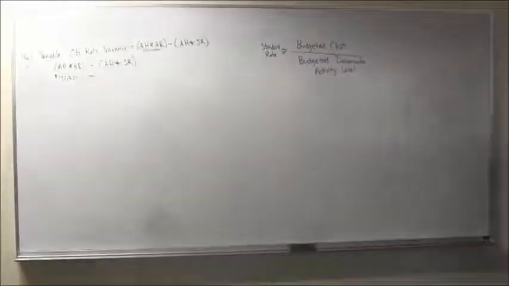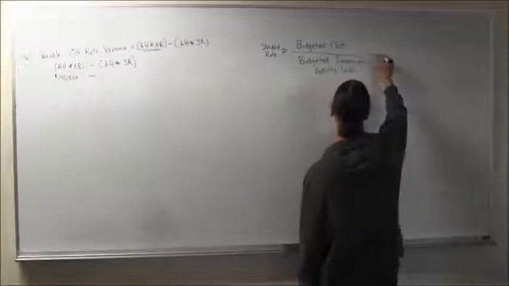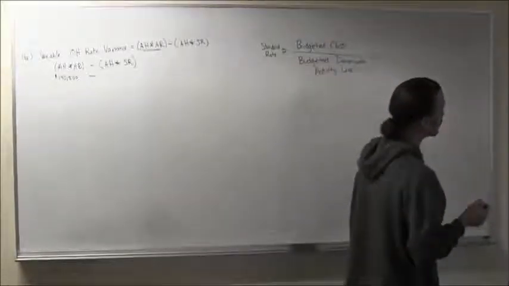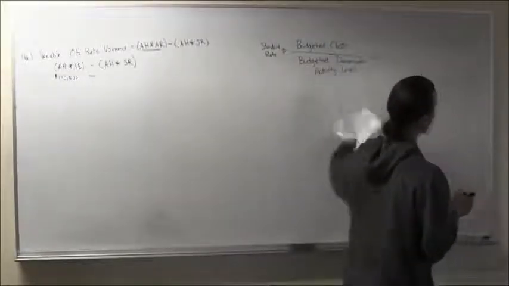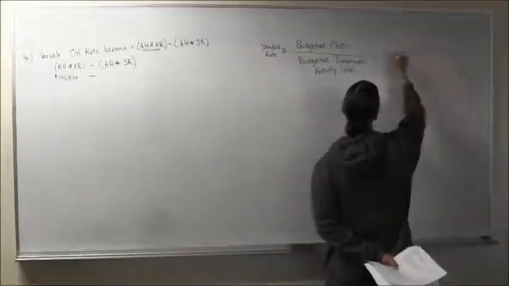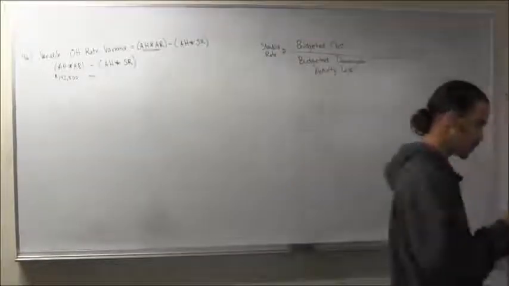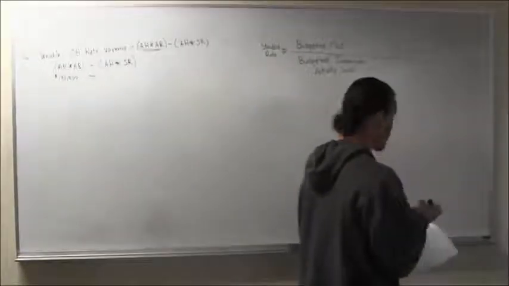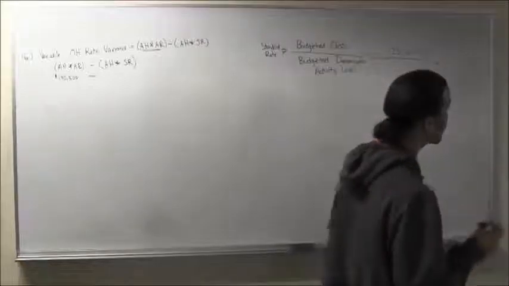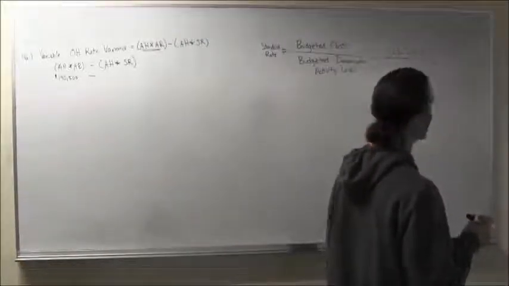Because it tells us our overhead costs are applied on the basis of direct labor hours. So my standard rate is my budgeted cost, my budgeted cost of variable overhead: 123,200 divided by what? What is my budgeted denominator activity level?